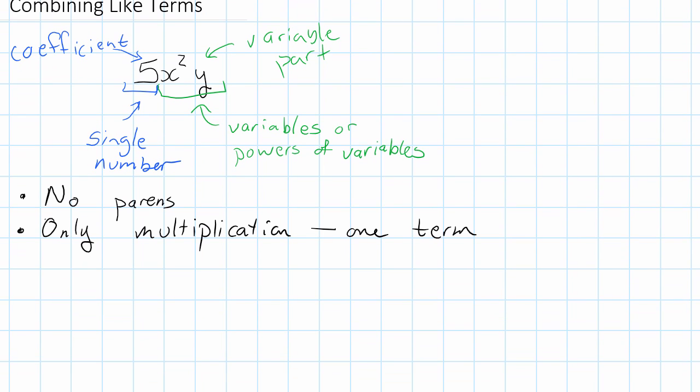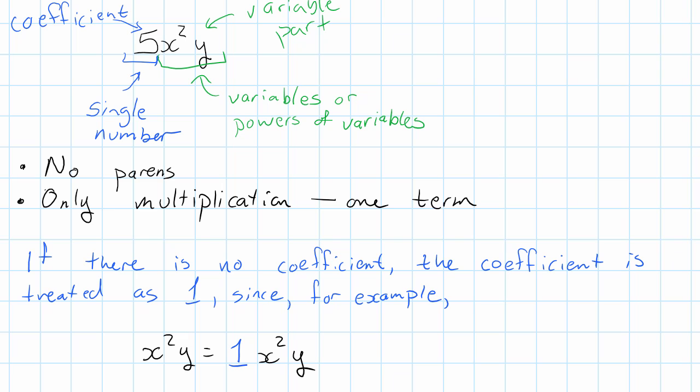Notice, if we don't see any coefficient, then the coefficient is treated as 1, since, for example, x squared y by itself is 1 times x squared y. In general, any combination of variables is equal to 1 times that combination of variables. Why? Because anything is equal to 1 times that thing.